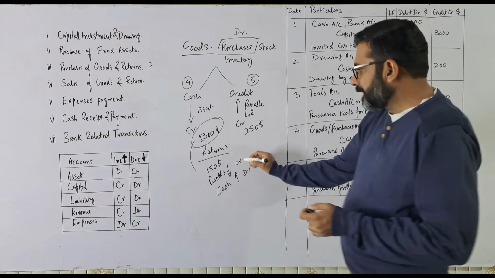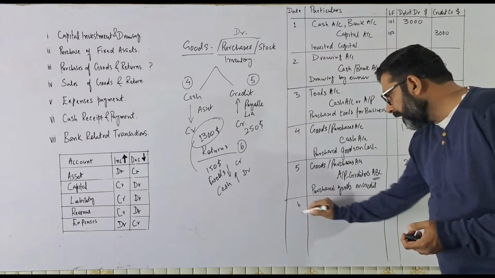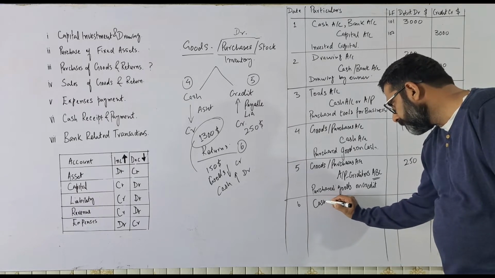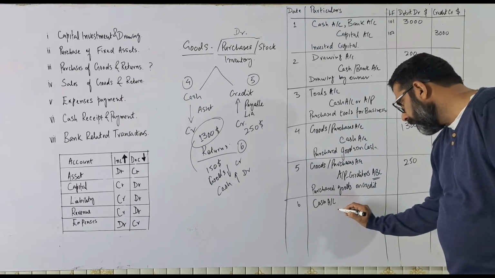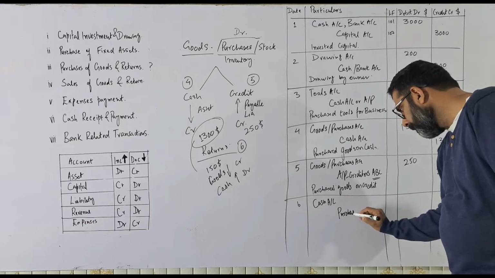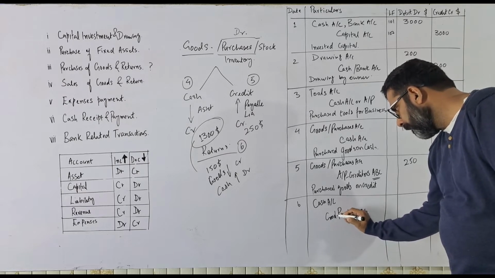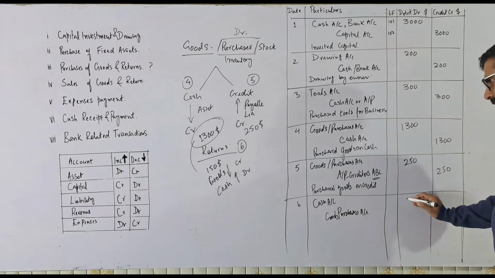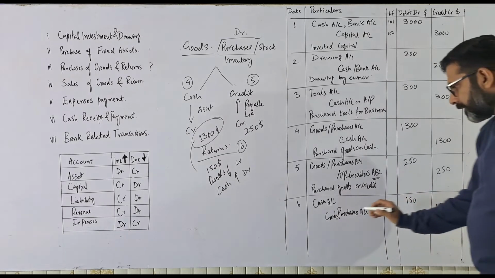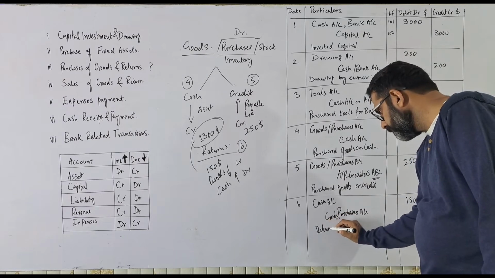So we can say it's a return transaction on the 6th of the month. Here we write the cash account and the purchases or goods account, and then the amount, which is $150. Goods are returned, so we will write here return goods.